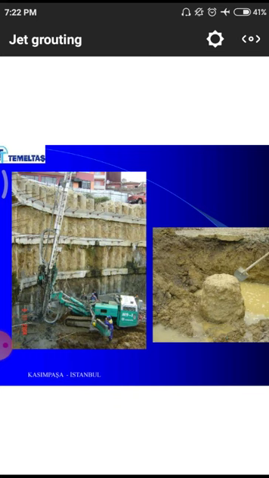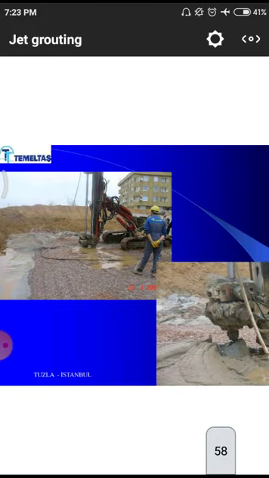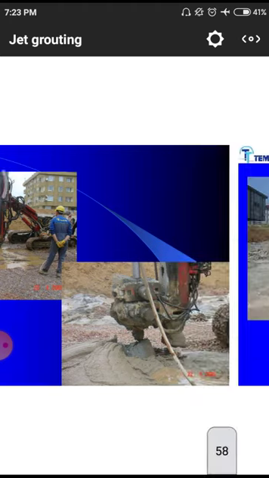Here after the alignment is over, they are doing this grouting work by forceful pressure. Here also they are drawing the water. After the drawing is over, they are pumping this material into the ground.